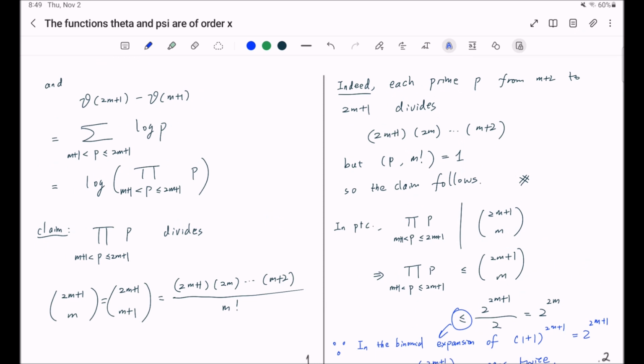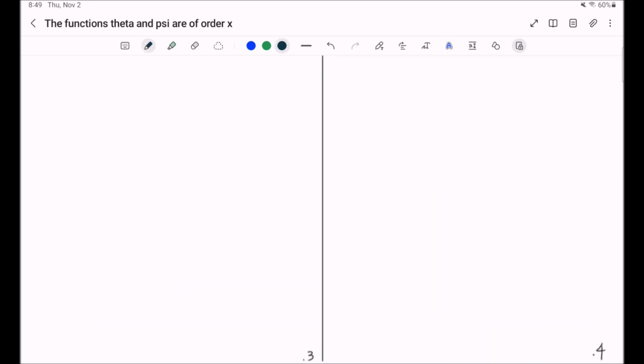And the only thing that we are left to do is to plug in this inequality back to this parenthesis. And you will see the difference between those two thetas is less than or equal to log of 2 to the 2m, which is equal to 2m times log of 2.